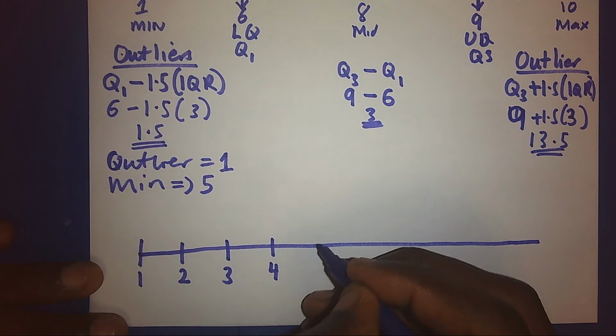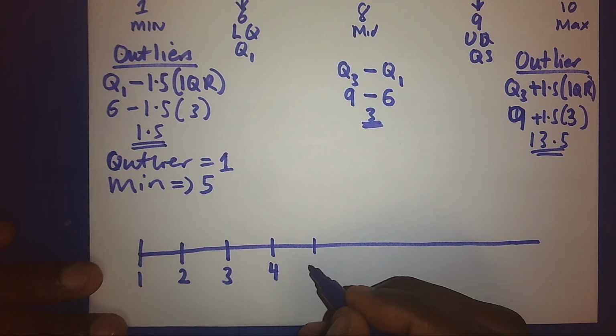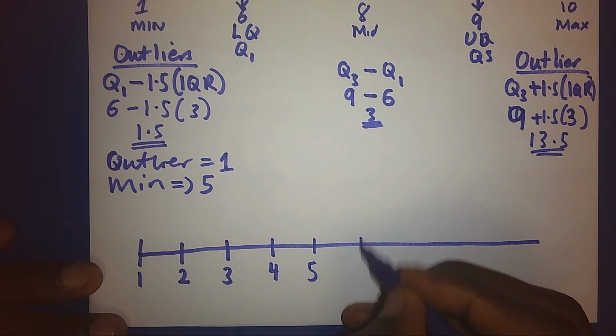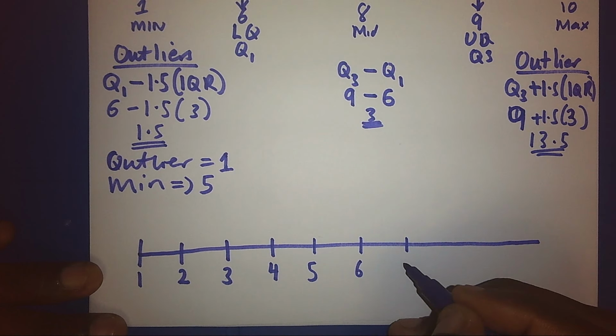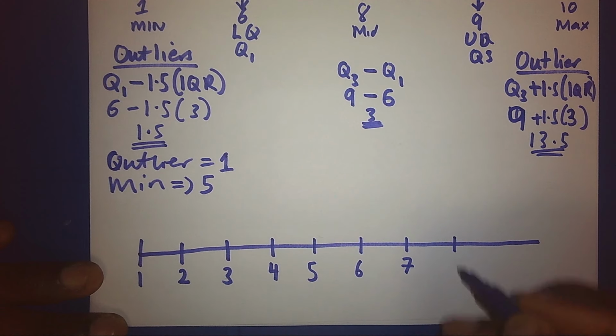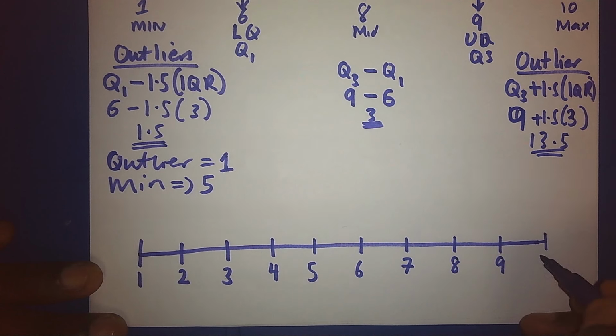Now I'm making my number line. Remember, on the number line, I should ensure that my minimum value and my maximum value are all contained in our set of data.